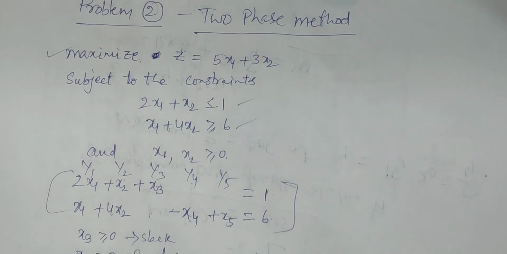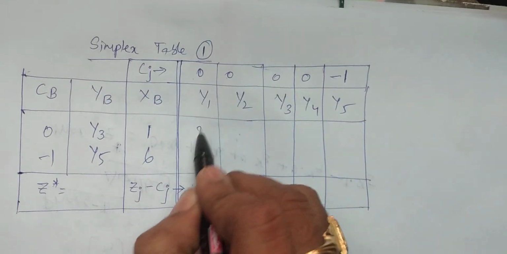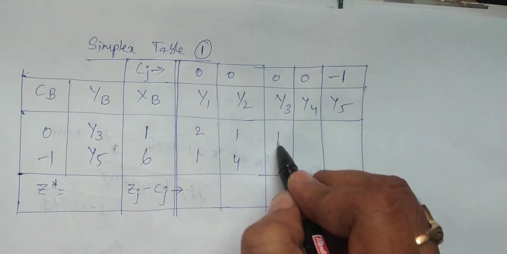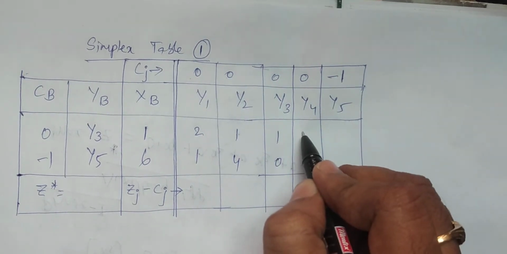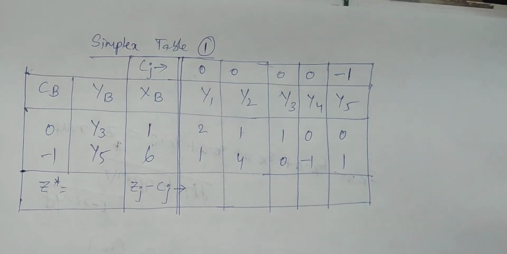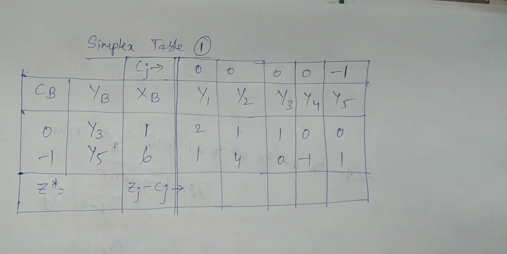You write y1 as 2 1, y2 as 1 4, y3 is 1 0, y4 is 0 -1, and y5 is 0 1. These are the coefficients of x1 x2 x3 x4 x5, which are y1 y2 y3 y4 y5.